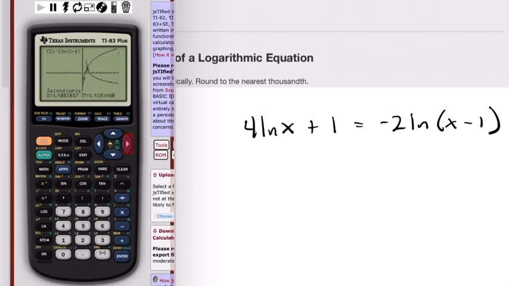I'm just choosing a point on my second curve. I'm just going to choose that one. And then we want to get as close to the intersection as possible. About there is good. Then I hit enter.